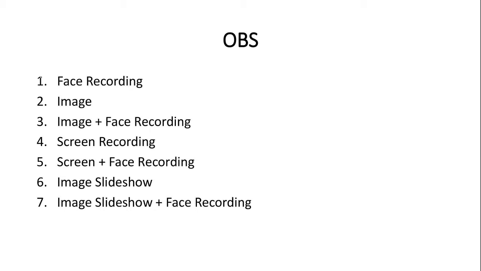The slideshow is in the background and your face is not visible, so you just speak. The last one is the combination of image slideshow and face recording, in which the slideshow is there and your face is also visible and you record it.